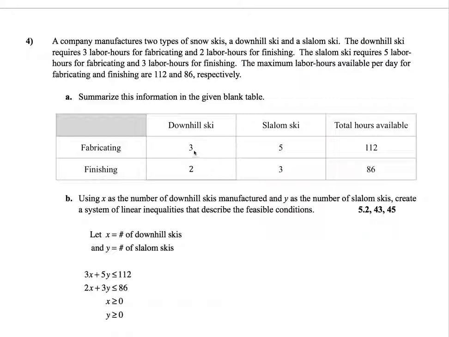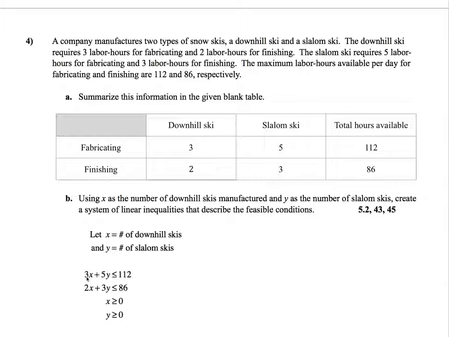And so 3 hours spent on the downhill ski and 5 hours spent on the slalom ski are expressed as this inequality here, because we did let x equal the number of downhill skis, y equal the number of slalom skis. This is very similar to the corn and soybean problem from number 3.